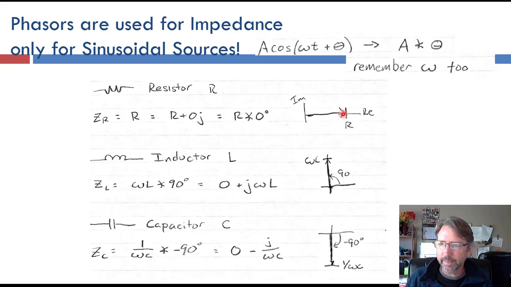Resistors are straight out on the x-axis, entirely real, value of R. Inductors are entirely imaginary, positive omega L on the y-axis, so a phase of 90 degrees. Capacitors are entirely imaginary, but they have a negative imaginary component, so -90 for the phase, and an amplitude of 1 over omega C. So these impedances are the key to our solutions going forward.